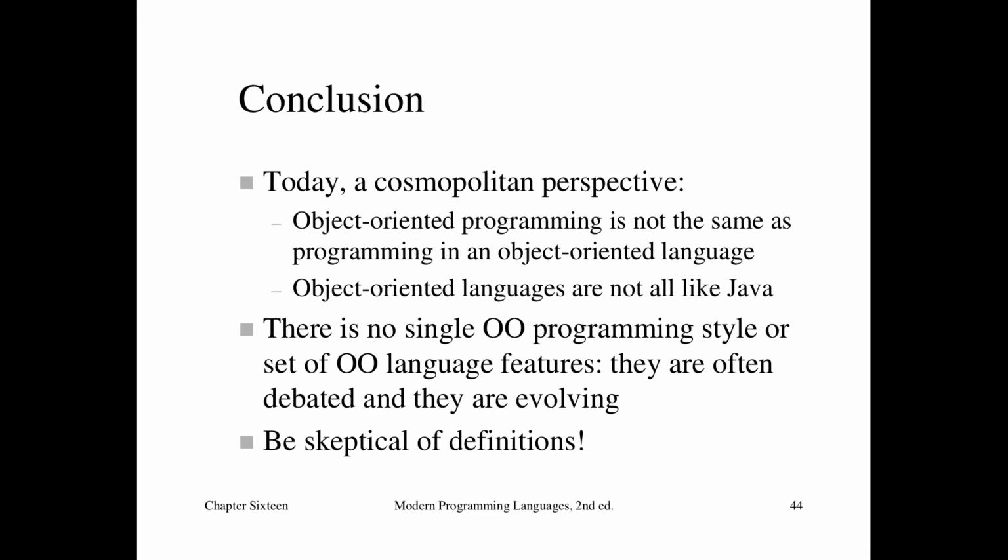So in conclusion, we've looked at object-oriented programming versus programming in an object-oriented language, and seen that there's an exceptional difference here. Furthermore, we've also realized that not all languages are like Java in their object-oriented implementation, or their view on the philosophy of object-oriented concepts.